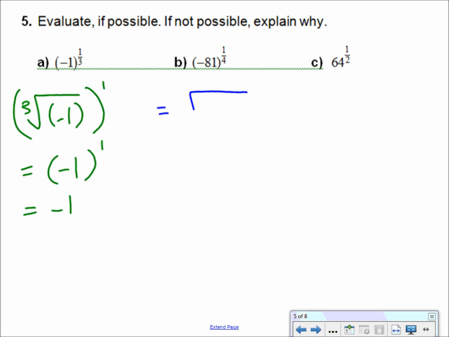Okay, next, create my radical sign, put my denominator in there, -81, all to the exponent 1. Will I be able to get an answer here? Okay, well look at it. The fourth root is an even root, and it's a negative under the root, so it won't work. Not positive, I'm saying the wrong word, I'm sorry.